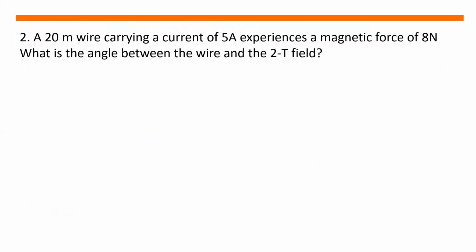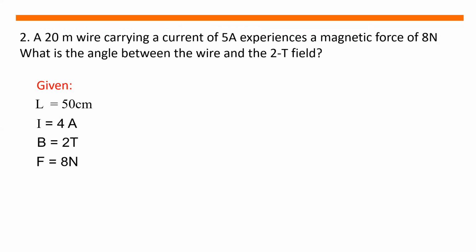For problem number 2, a 20-meter wire carrying a current of 5 amperes experiences a magnetic force of 8 Newton. What is the angle between the wire and the 2 Tesla field? Let us write all the given. The length, I'm sorry, the wire should be 20 meters.